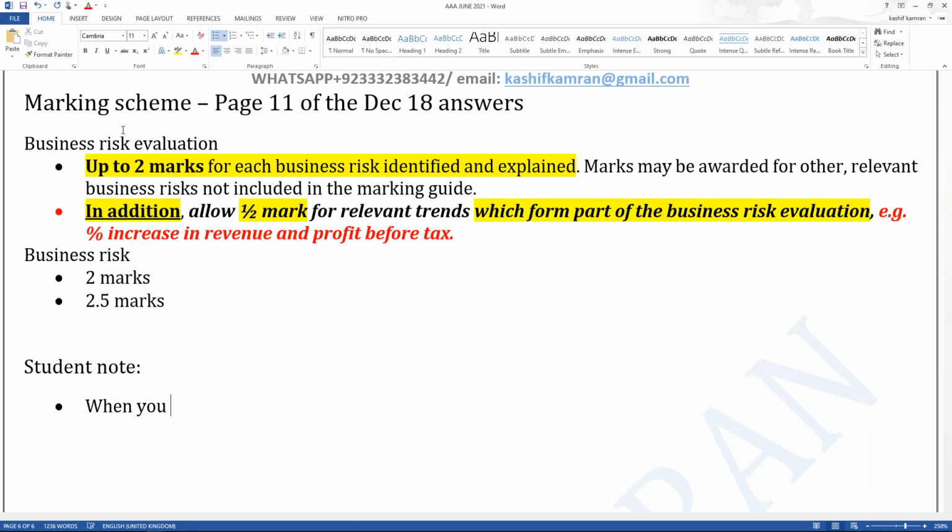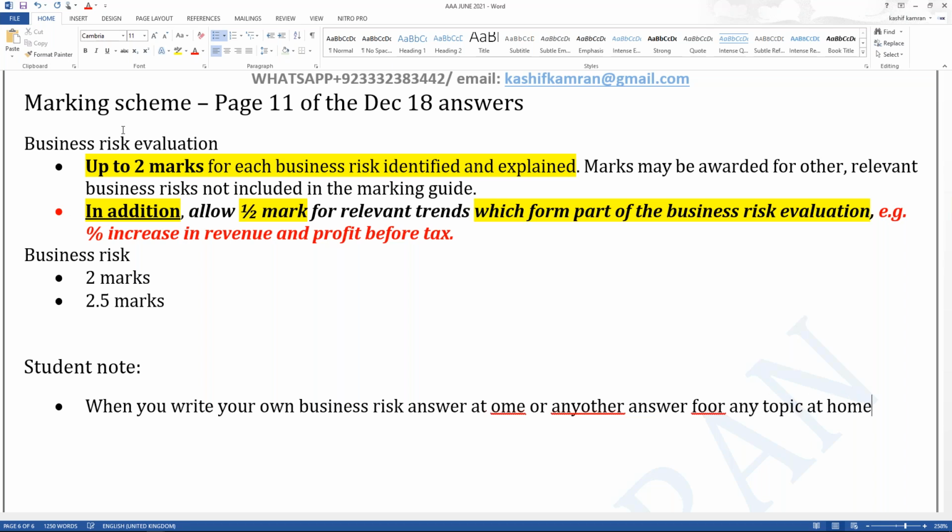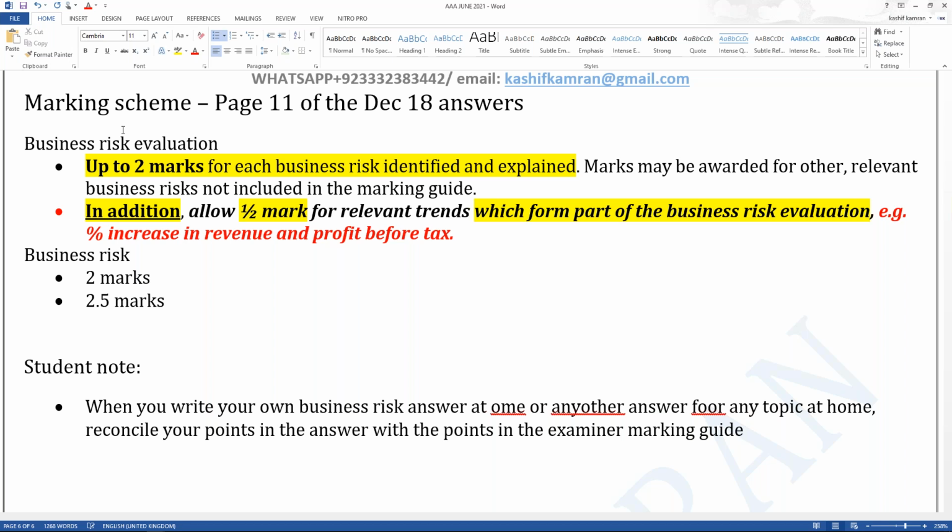When you write your own business risk answer at home, or any other answer for any topic at home, reconcile your points in the answer with the points in the examiner marking guide to see how many points you got right.